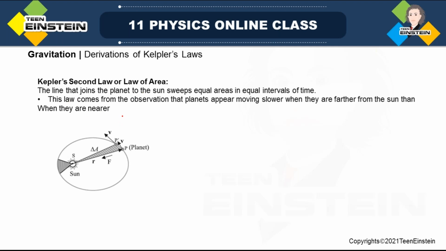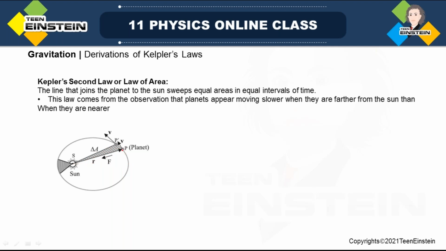See here, in the elliptic orbit, the radius vector joining the sun and the planet is rotating, right? Rotating in this elliptical orbit. And while rotating, it covers a certain area during a particular time interval.